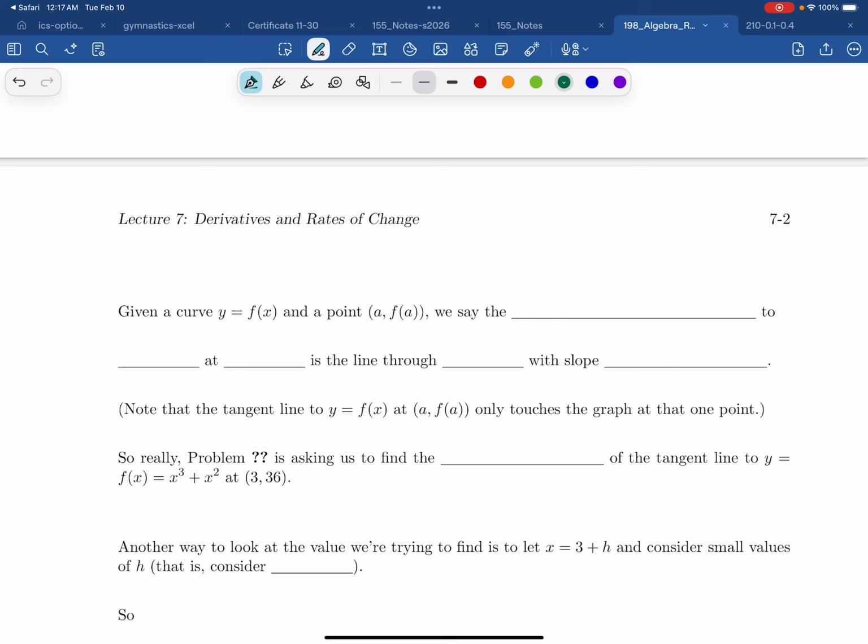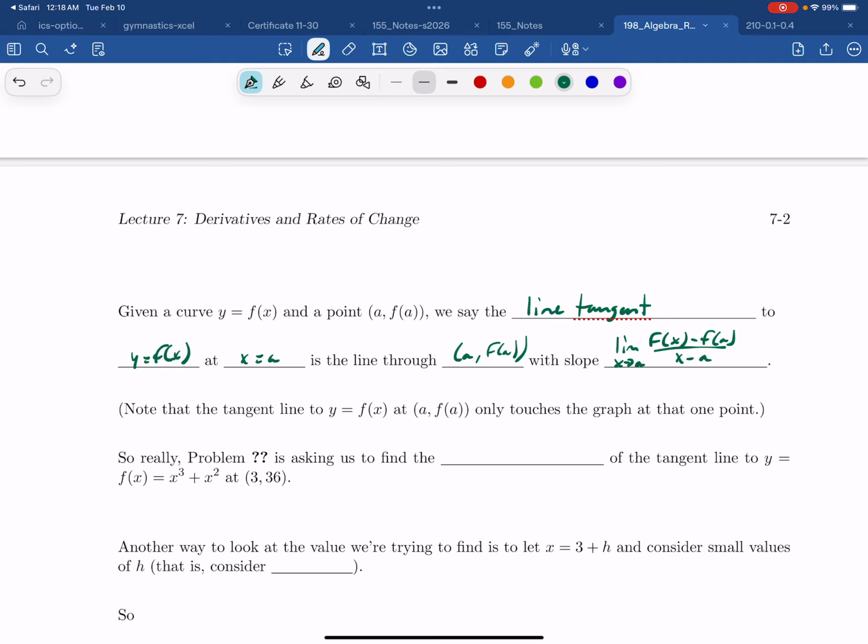Given a curve y equals f of x and a point, we say that the line tangent to y equals f of x at x equals a is the line through the point a comma f of a with slope, that's going to be the limit as x approaches a of f of x minus f of a all over x minus a.